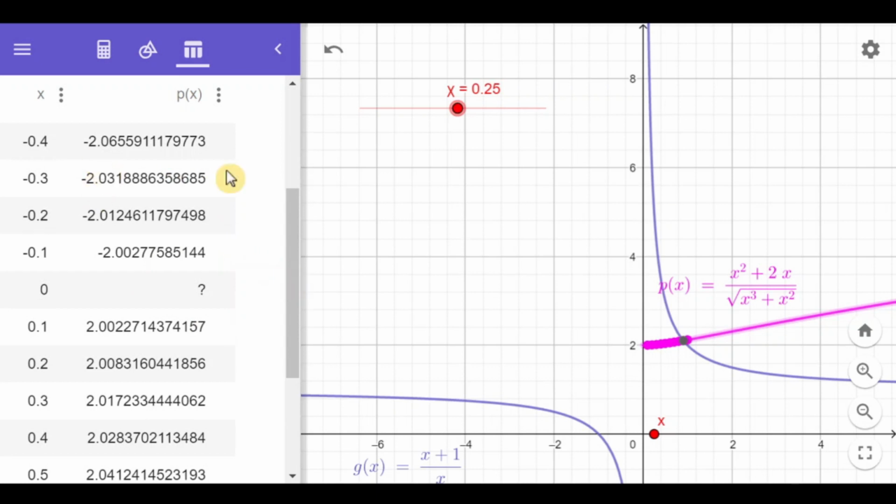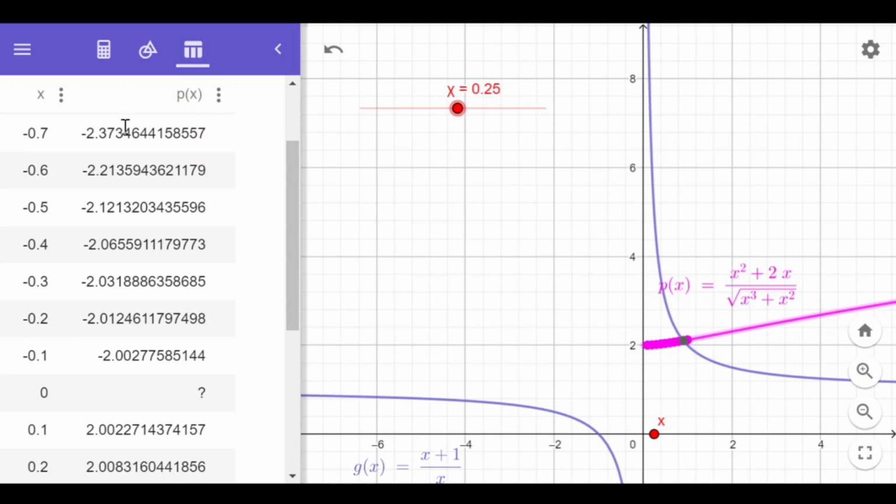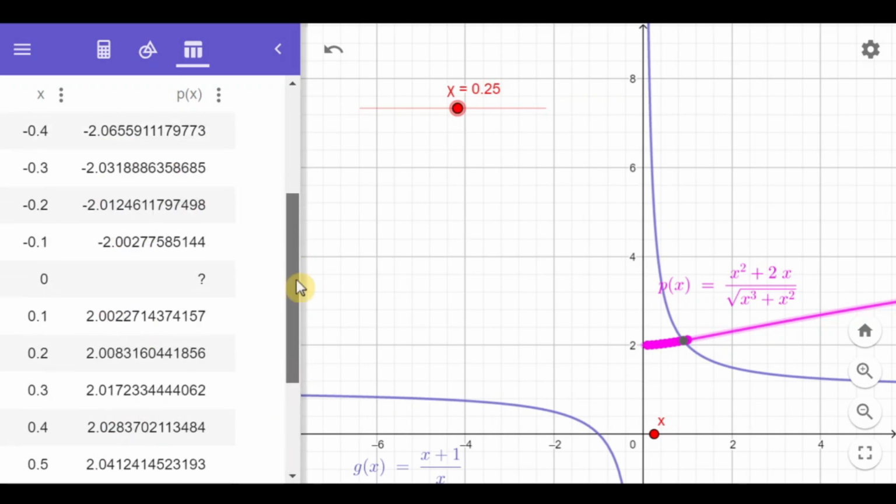Pero, nag-exist yung one-sided limits. From the left of 0, nakikita natin na papunta lang sa negative 2. From the right, makikita din natin na papuntang positive 2. Pero sasabihin pa rin natin na yung general limit ng p of x as x approaches 0 does not exist.